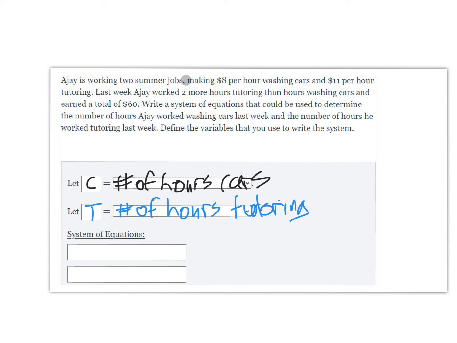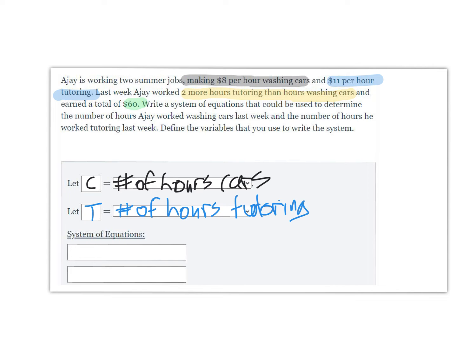Okay, now let's consider the statements that are given to us. First thing is we know that he makes $8 an hour washing cars and $11 per hour tutoring. And we have a couple statements here. First of all, he worked 2 more hours tutoring than washing cars, and he earned a total of $60. Okay, so let's consider this.